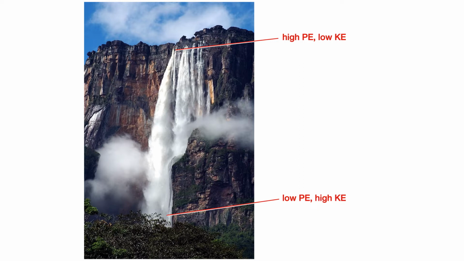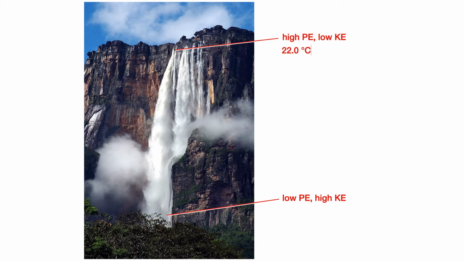Now, when the water actually hits the bottom of the waterfall, it stops moving. But what happens to all that kinetic energy that it had in its movement? Well, the answer is all the kinetic energy that the water had as it was falling down the waterfall, when those water droplets hit the water at the base of the falls, all that energy gets scrambled up and gets turned into kinetic energy of the individual water molecules. And that shows up in the temperature of the water.